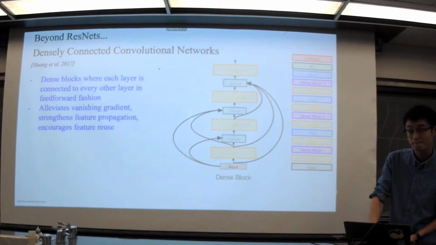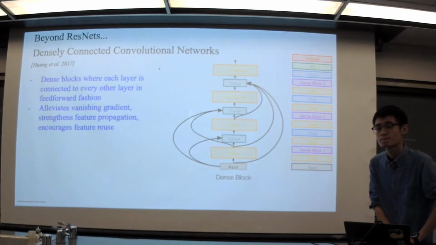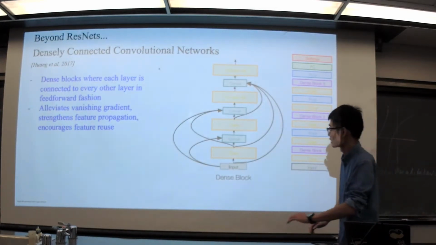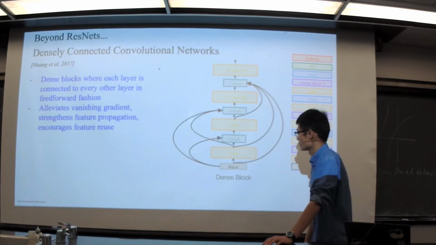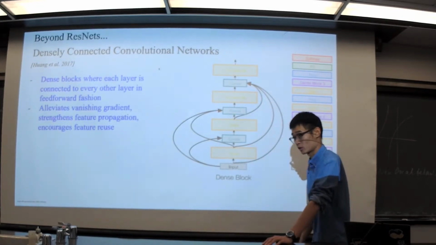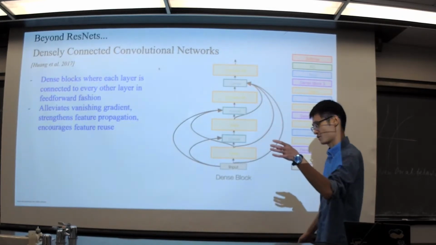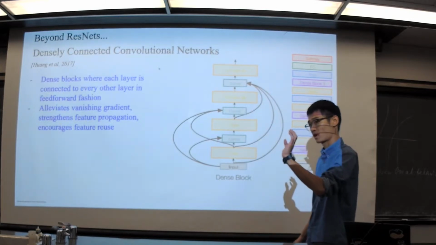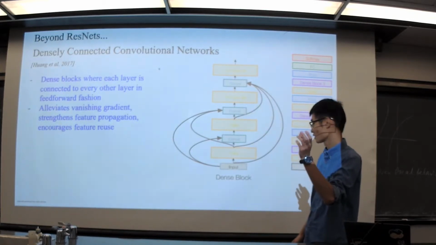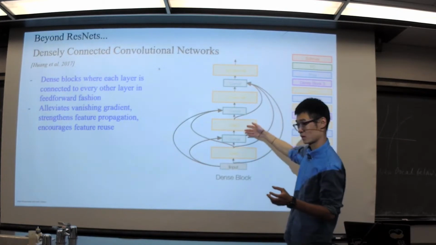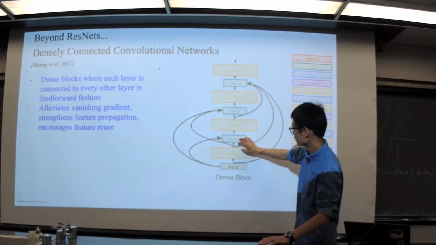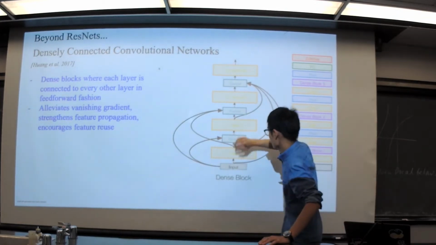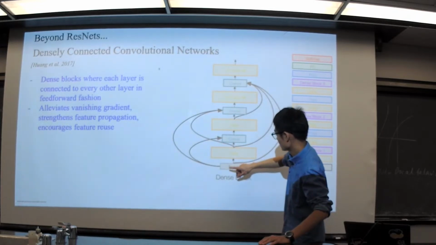What do you mean by forward fashion? Is that adding? As you say, it's using concat. So if I have a W by H by C, and C is 10, and all of these outputs are 10.